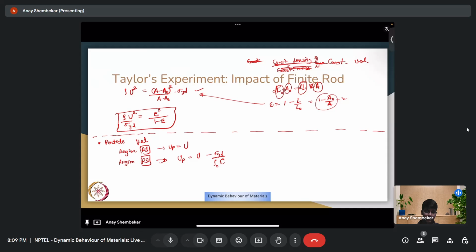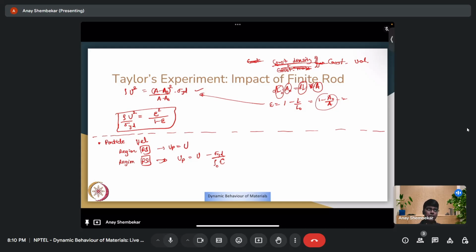Once the elastic wavefront hits the free surface, there is a tensile release wave originating from the free surface which comes back. That causes the stress value to invert, but the particle velocity still has the same sense. So you have your reflected wave and incident wave particle velocities to be the same.